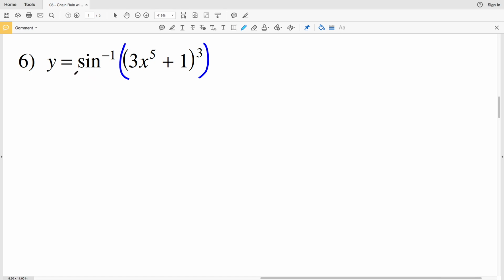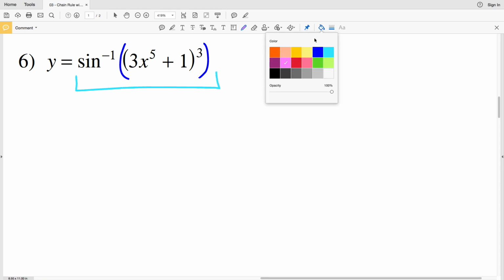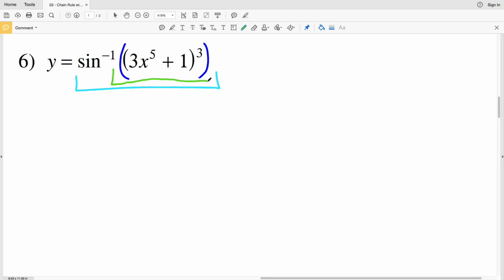So we're going to take the derivative of the inverse sine of u, and that will get multiplied by the derivative of 3x to the fifth plus 1 cubed, and then multiplied by the derivative of 3x to the fifth plus 1. So the derivative of y with respect to x is going to be the derivative of the inverse sine of this entire function.